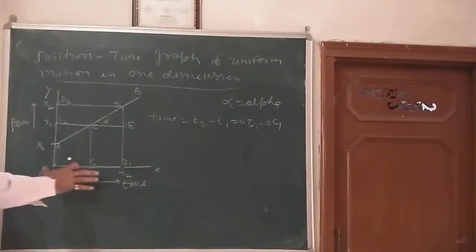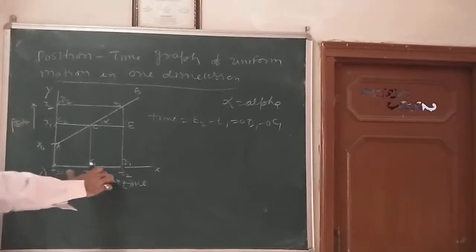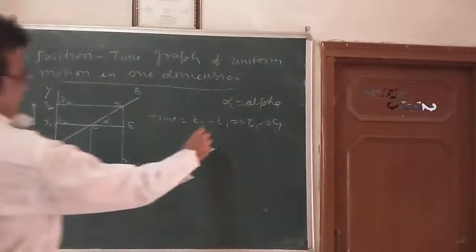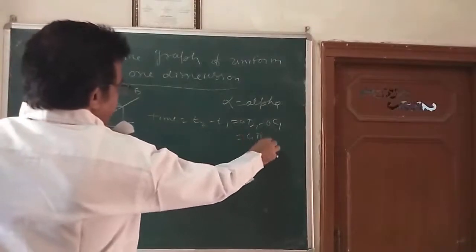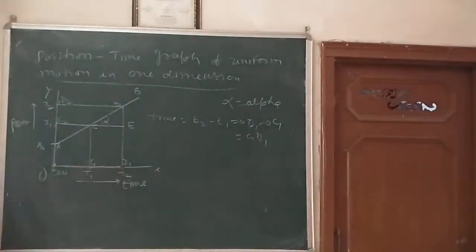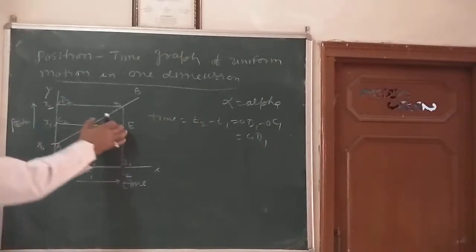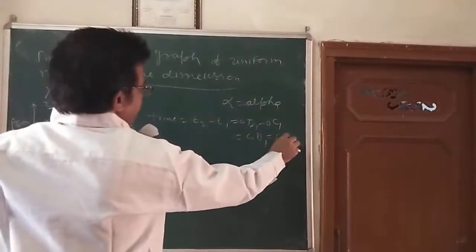So this OD1 minus OC1 that is equal to C1D1. This is the difference of these two. And then C1D1 that is equal to C.